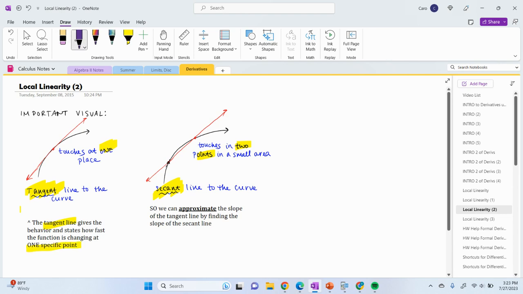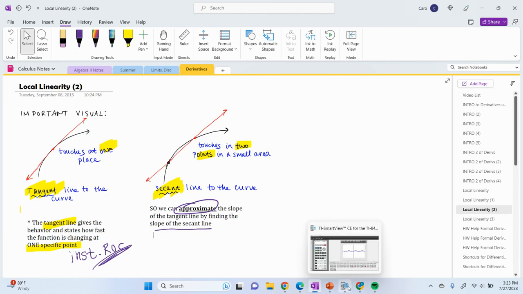It gives you the instantaneous rate of change. I'm abbreviating that. You can write that out if you want. And we're going to approximate the instantaneous rate of change by finding the slope of a secant line. So get those two visuals down. Those are two important ones that we are going to be using when we do local linearity. And I'm going to jump back to the calculator in just a second here. Pause if you need to.